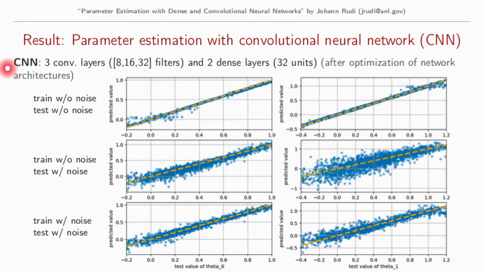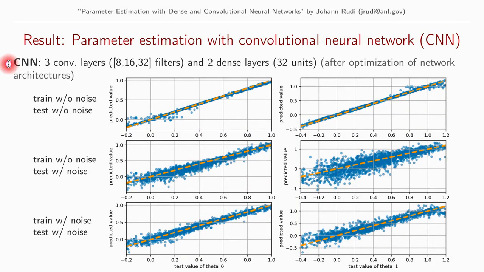Now, this is a dense neural network. We want to consider convolutional neural networks too, to make use of the internal structure of a time series, the local dependence. So we optimized our convolutional neural network and we got these results. The noise-free training and testing looks very spot on.